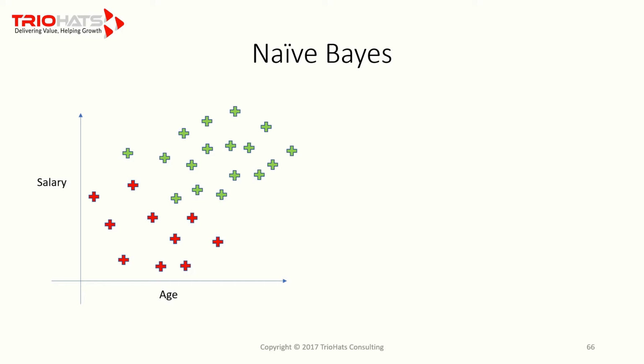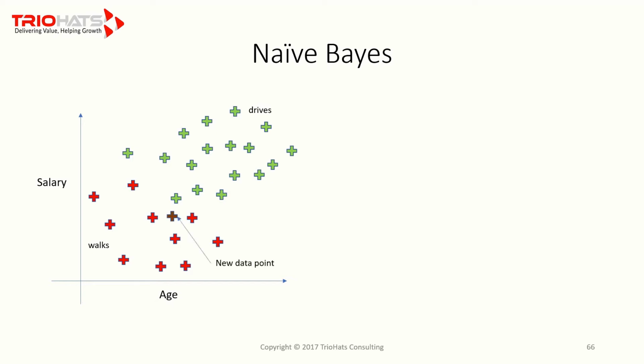The main criterion for using naive Bayes classification is to classify a person into a certain category, right? So these red dots you see are of the walking class. That walking class means that they walk to the office, right? And these green dots are the driving class, or they drive to their offices.